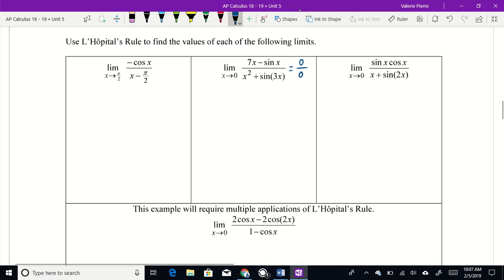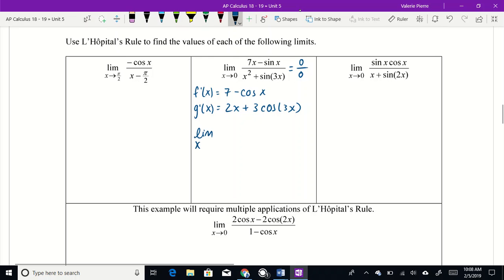So that leads me to believe that if I find the derivative of my numerator, which will be 7 minus cosine x, and if I find the derivative of my denominator, which would be 2x plus 3 cosine 3x, thanks to chain rule, then I should be able to find the limit as x approaches 0.